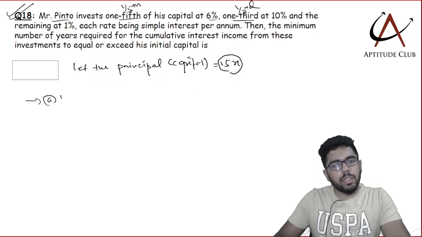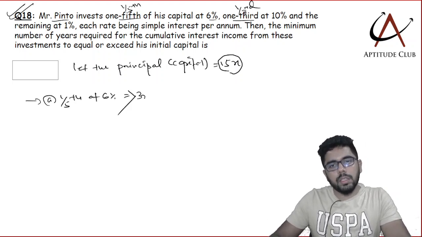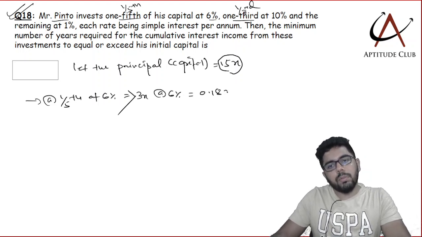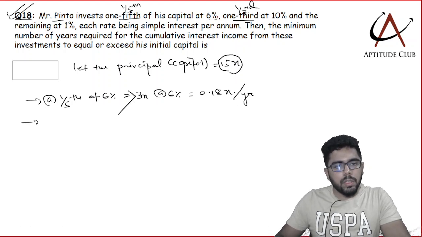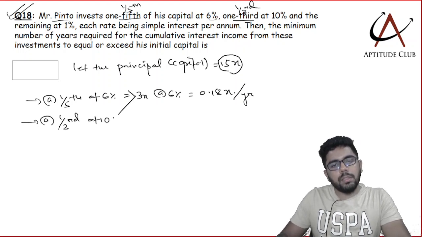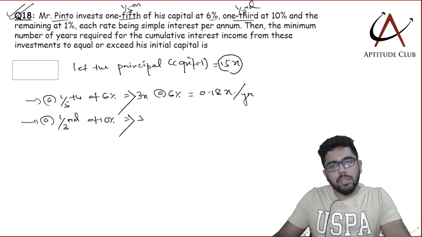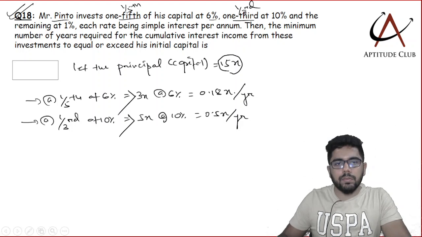So first, 1/5 of this means 3x at 6%, so I'm getting 0.18x per year. Similarly, 1/3 at 10%: 1/3 is 5x at 10%, so I'm getting 0.5x per year.